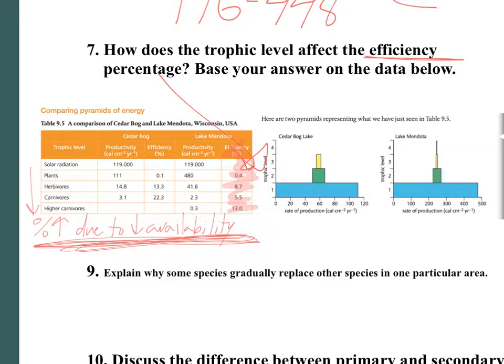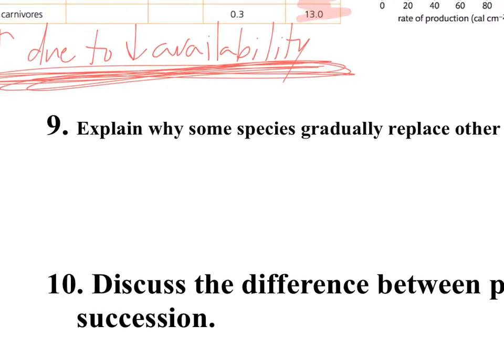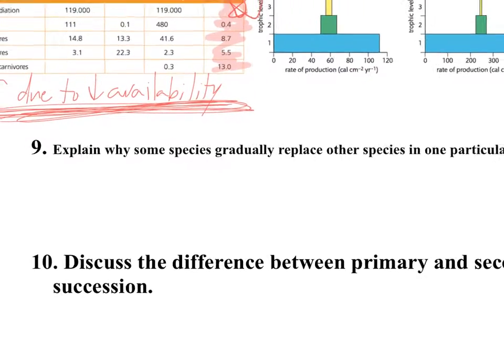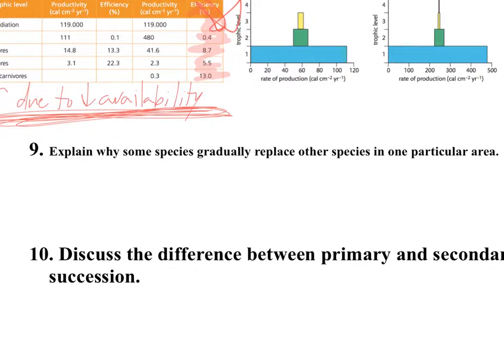So, explain why some species gradually replace other species in the area. So number 9 is talking about things we are going to learn, succession.